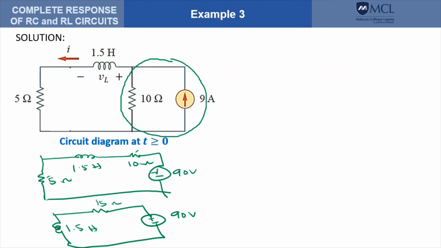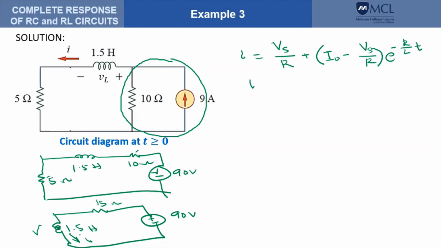Now we can apply the equation for the series RL. So using this circuit, we now compute for the current. So this is the current here. So the current should be Vs over R plus the initial current minus Vs over R, e to the minus R over L t.